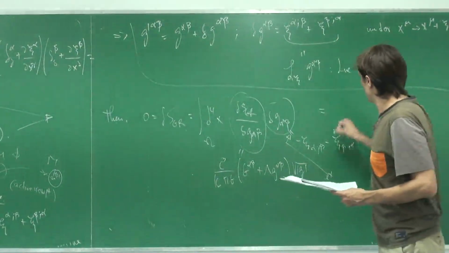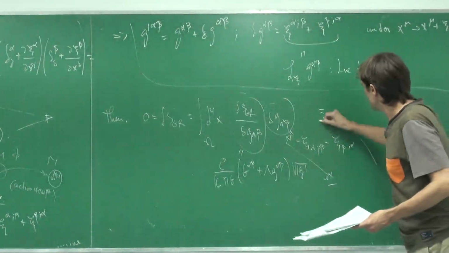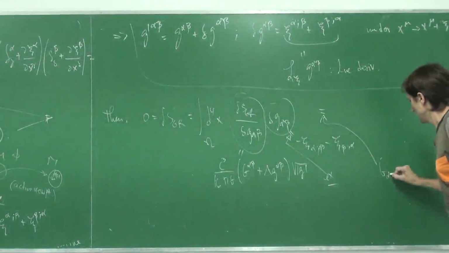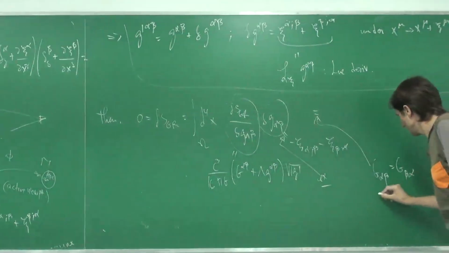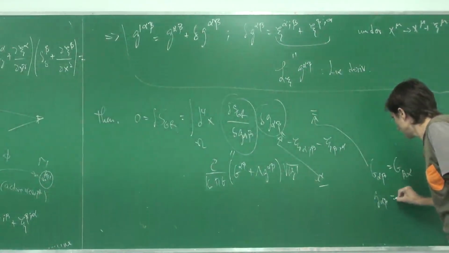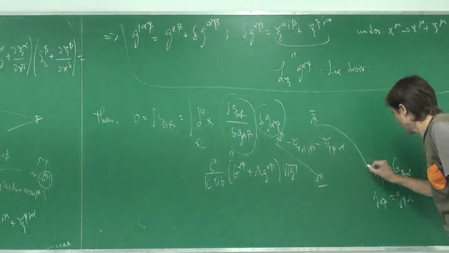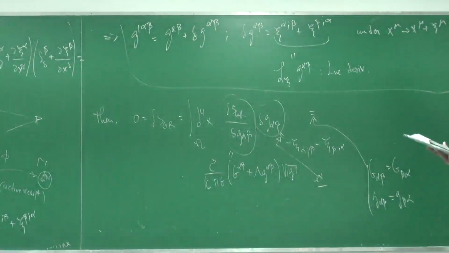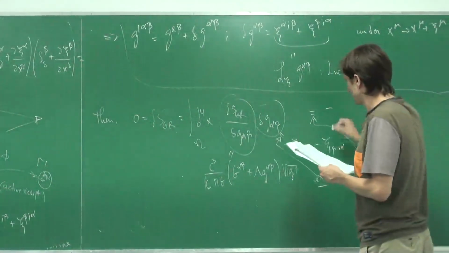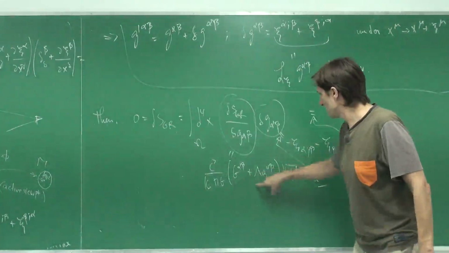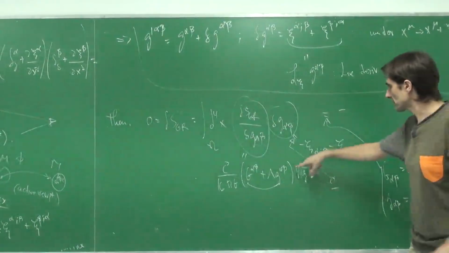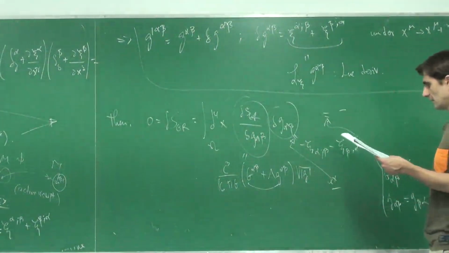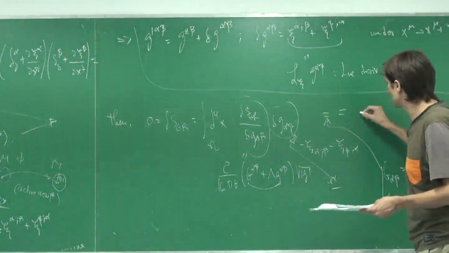Okay, and then you also use the symmetry of the tensors, of the metric and the Einstein tensor. So this is symmetric, and so is this, so you're going to get twice this amount.